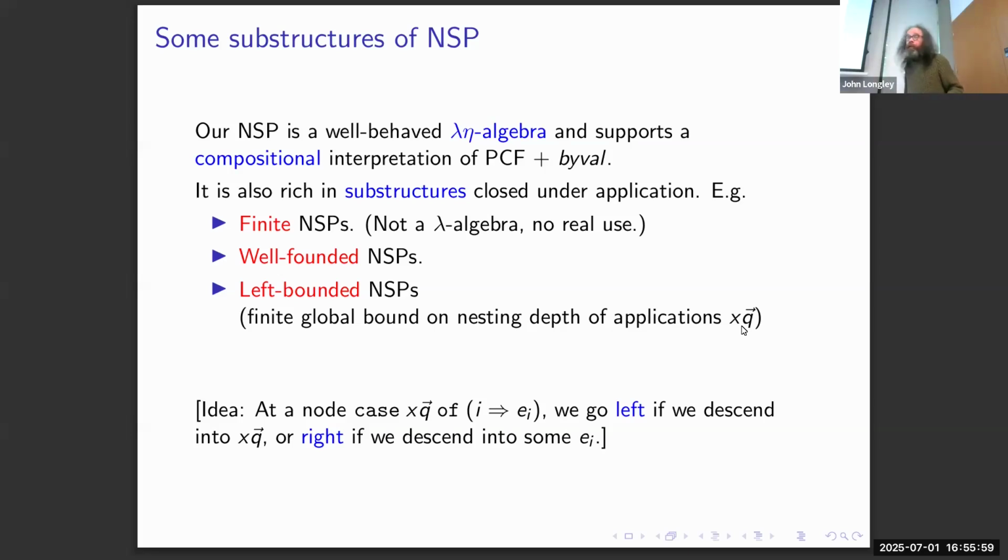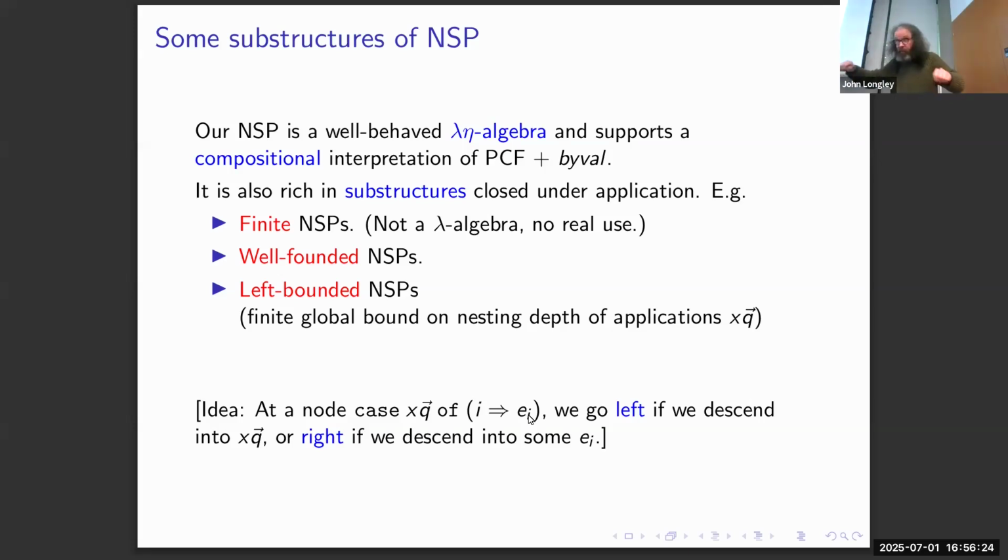The reason for the name is that when we're following paths through the trees, and we're sitting on a case node like this, I'm thinking of the branch that descends into the X Q here, or into one of these Q's, as a left branch, and one that descends into one of these E's as a right branch.